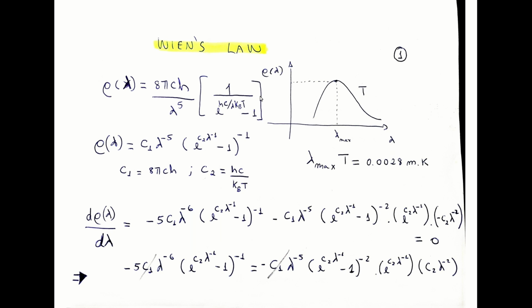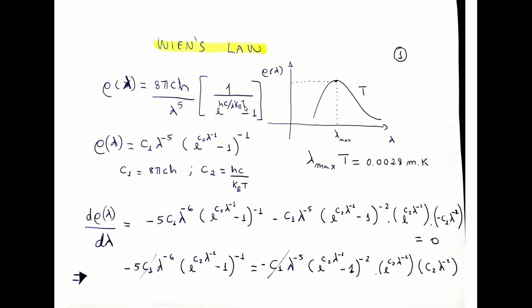In order to do that, I'm going to rewrite this energy density function in a slightly different way using constants. So 8 pi ch I'm going to call C1, and then hc over kT I'm going to call C2. If I substitute it here, I'll have moving lambda upstairs, so that's why we have the negative sign here.